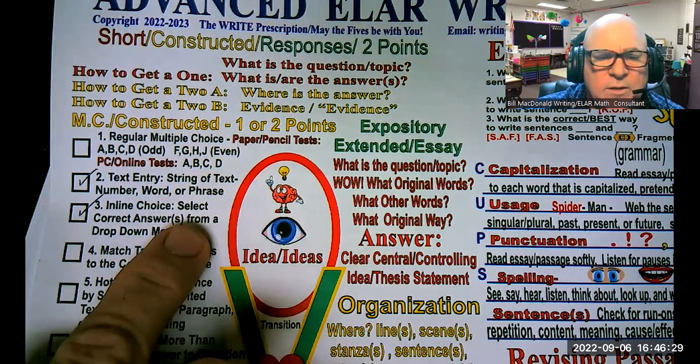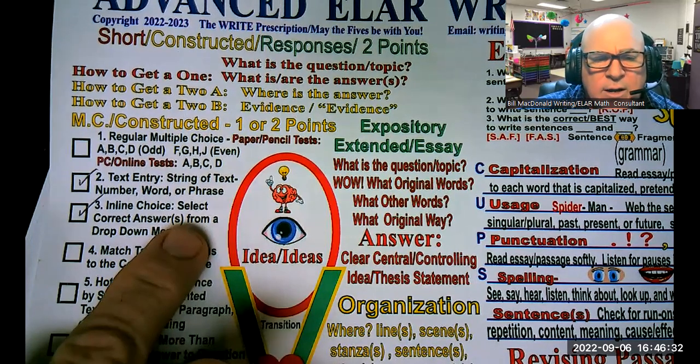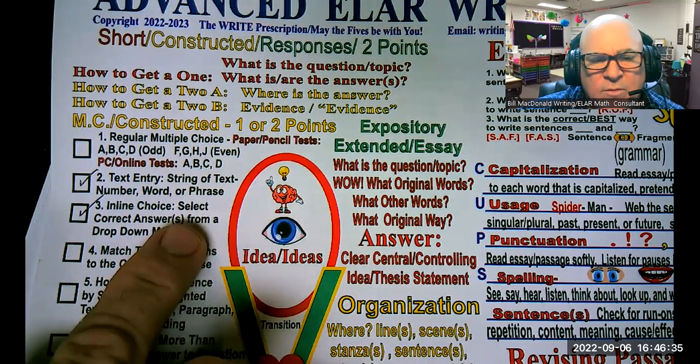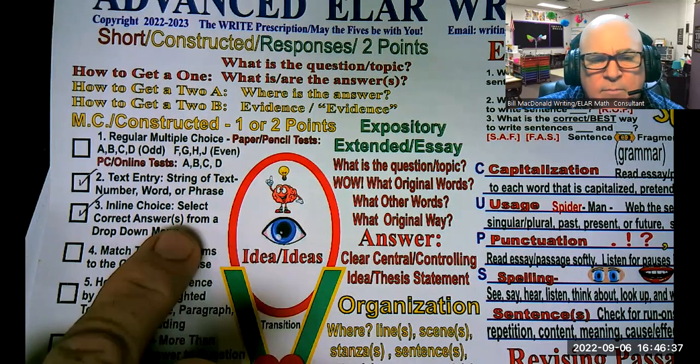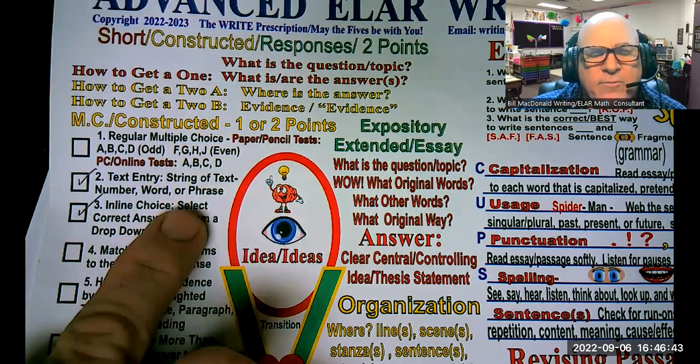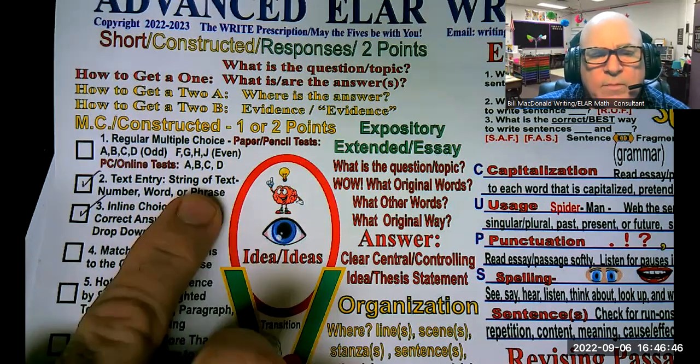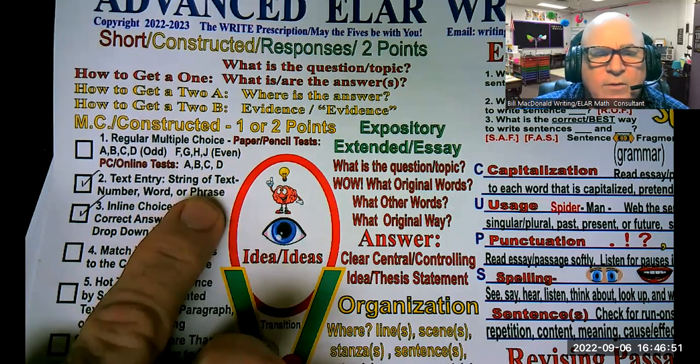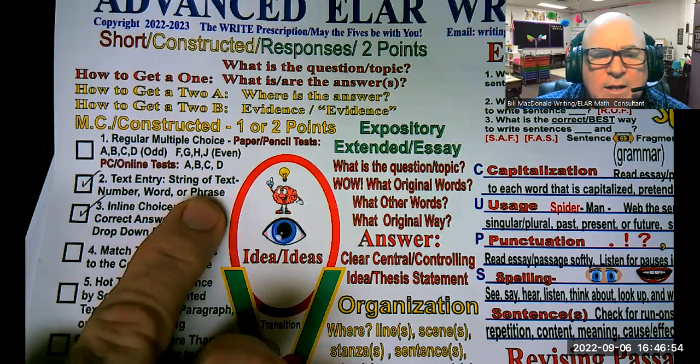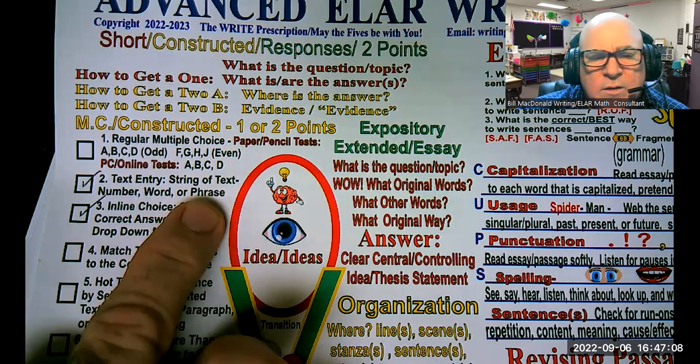The ones from the editing and revising are in a drop down format that I've seen so far, but I did send a link to my Facebook page of all the different formats, and they do show some number, word, or phrase text. It's sort of like a short answer, but it's an extremely short answer where the student writes the word or the phrase. And of course, you can't always get the exact word you think the student's going to put.